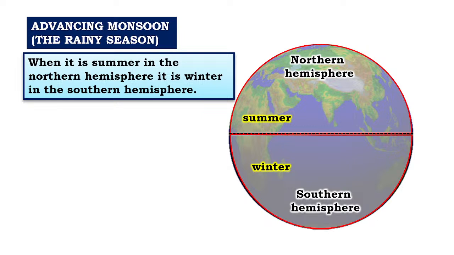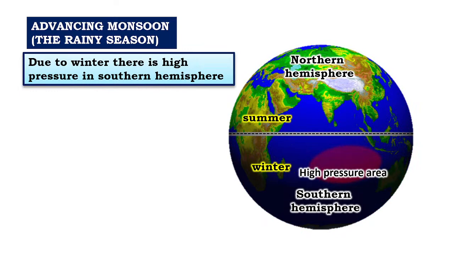So the winds will blow from which pressure to which pressure? High pressure to low pressure. Remember, the earth is rotating, the pressure difference is also there, and it is also revolving. So what is happening in the southern hemisphere? High pressure. And in the northern hemisphere? Low pressure. But where exactly is the low pressure?